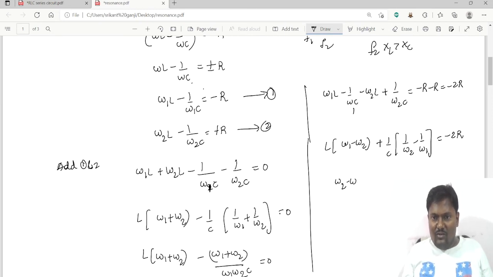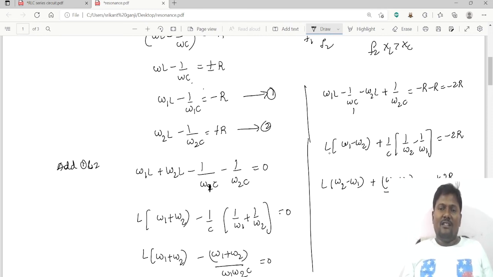Omega 2 minus omega 1 into L plus omega 2 minus omega 1 divided by omega 1 omega 2 C is equal to plus 2R.